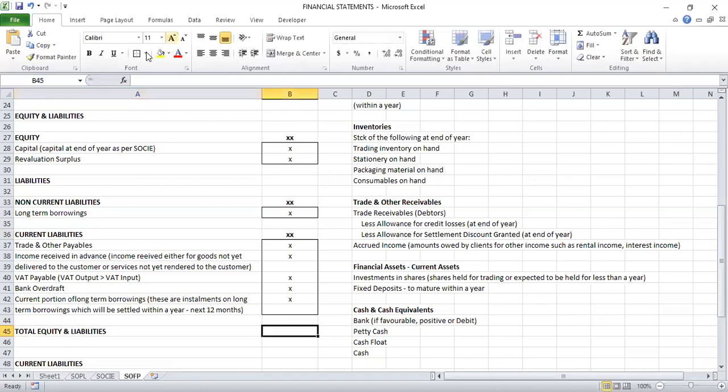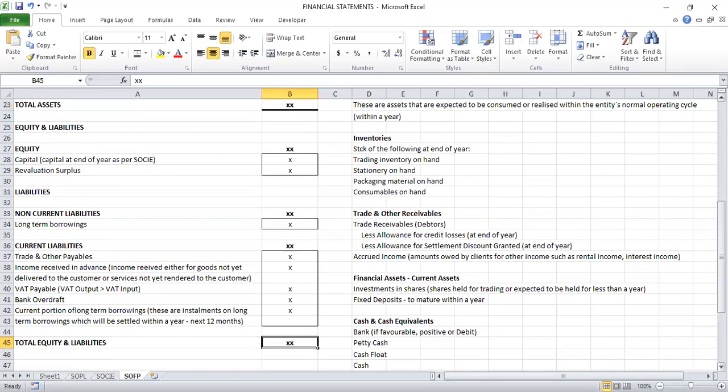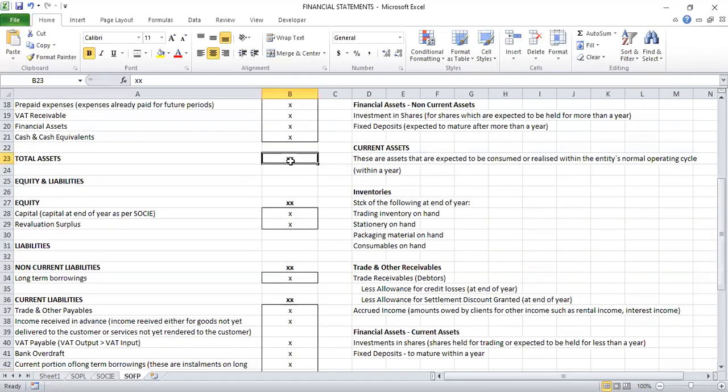The total equity and liabilities should always be equal to the total assets. So this is the general layout of a statement of financial position. Any questions?